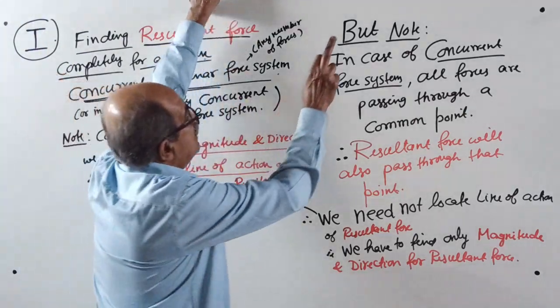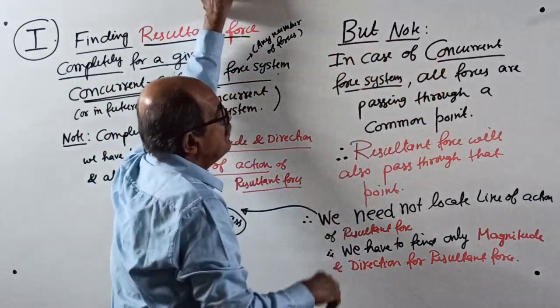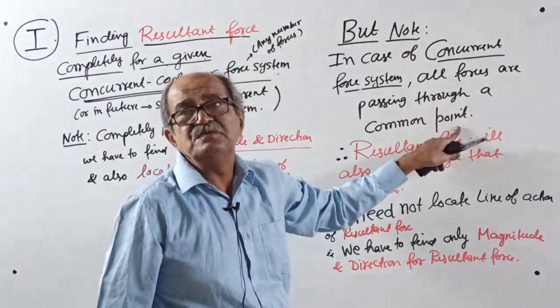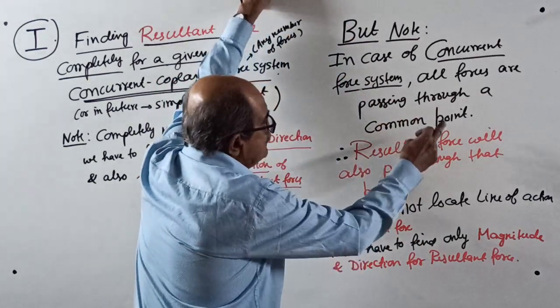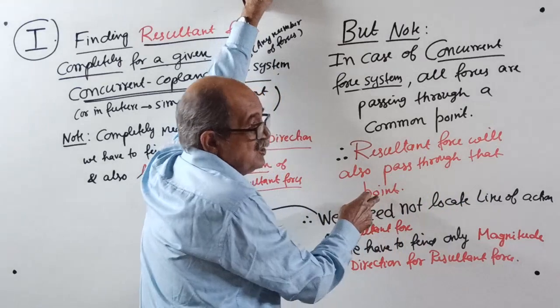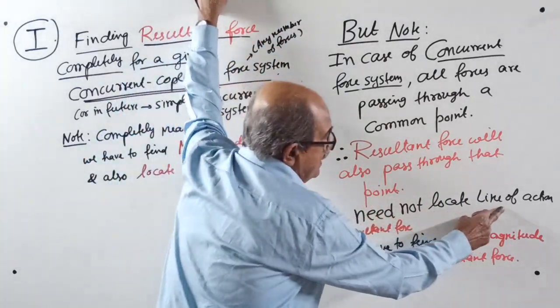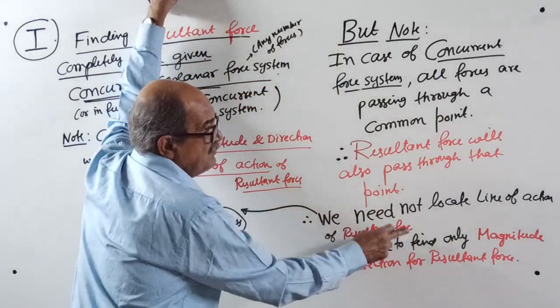Now note, in case of a concurrent force system, all forces are passing through a common point. One common point is there. Therefore, the resultant force will also pass through that point. Therefore, we need not locate the line of action of the resultant force.